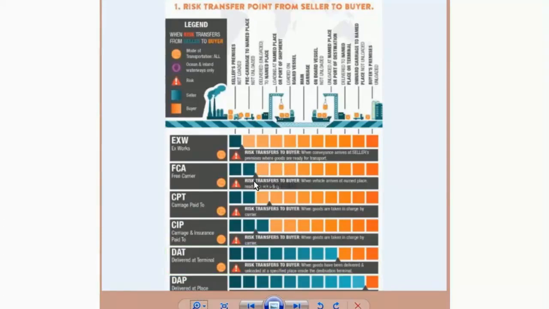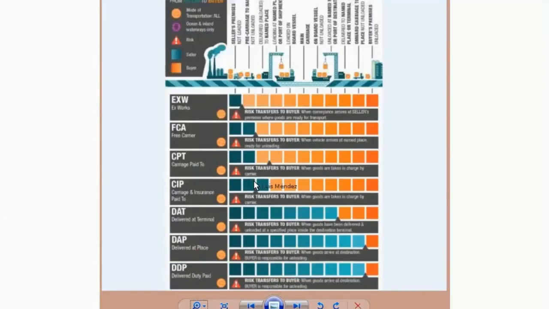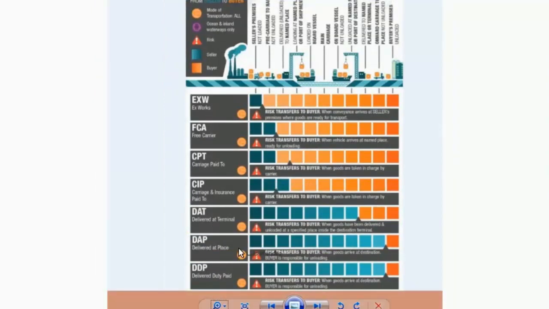Then we have DAP, where the risk transfer happens when the goods arrive at a destination and the buyer is responsible for the unloading.